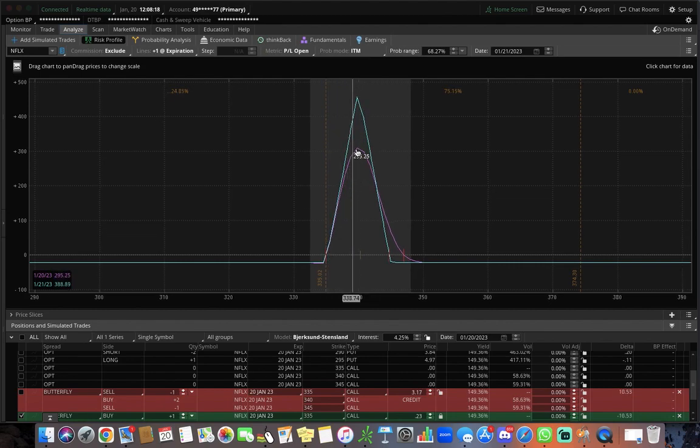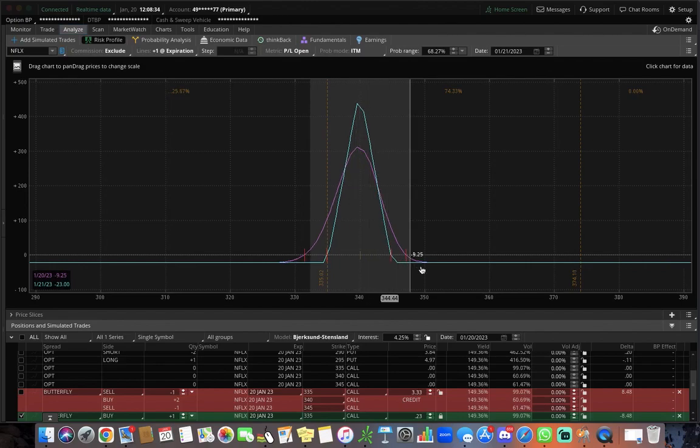You could see that this is on thinkorswim. If you go to your analyze risk profile, you can see where the blue line is your trade and the pink line is theta decay. And so as time is passing, your purple line starts to get higher and higher.